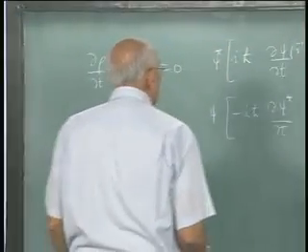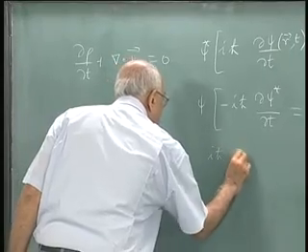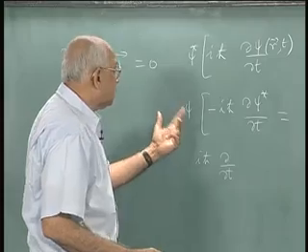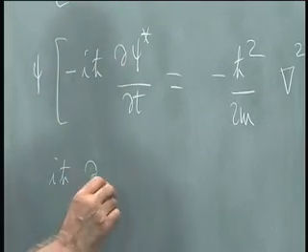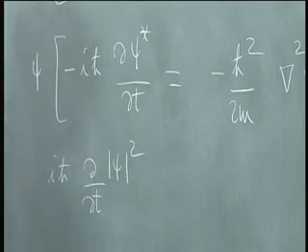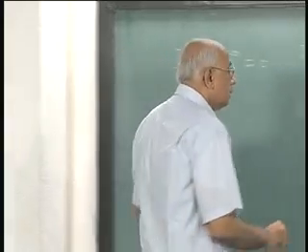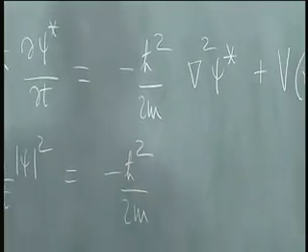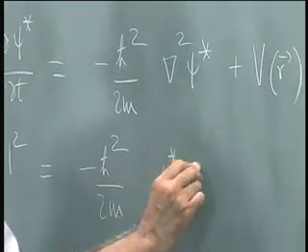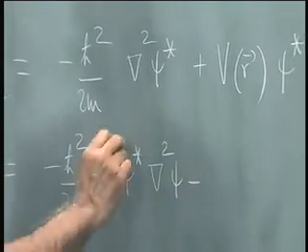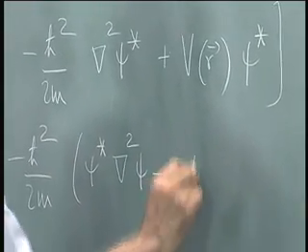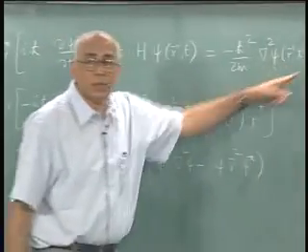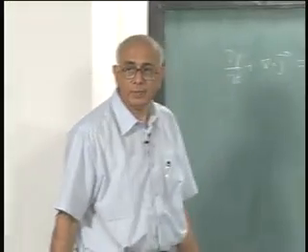and if you did that you end up with i h cross delta over delta t of psi star delta psi over delta t plus psi delta psi star over delta t. This is just delta over delta t of mod psi squared on this side, and that is equal to minus h cross squared over 2m times psi star del squared psi minus psi del squared psi star, and the potential term cancels out on both sides when you subtract.